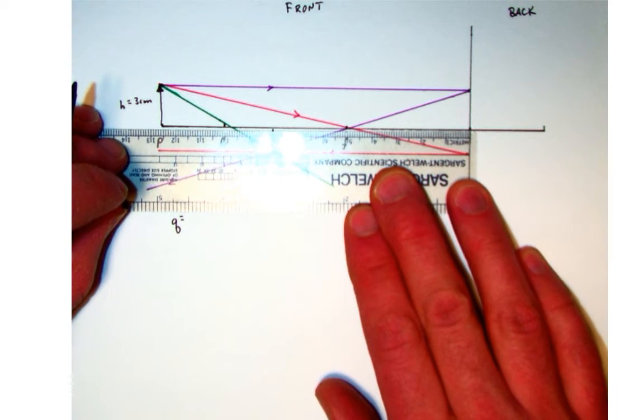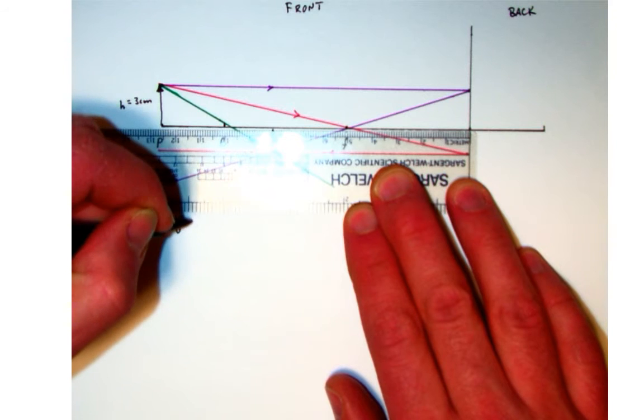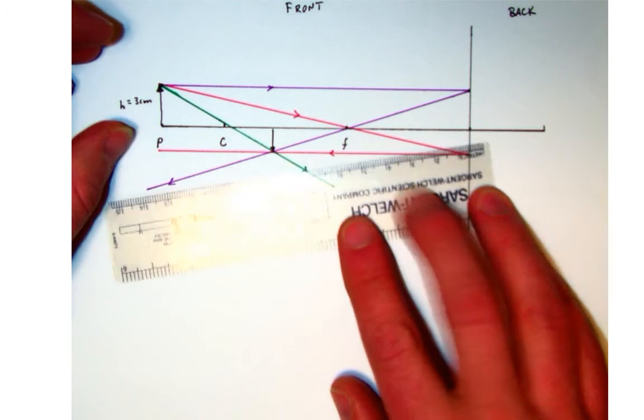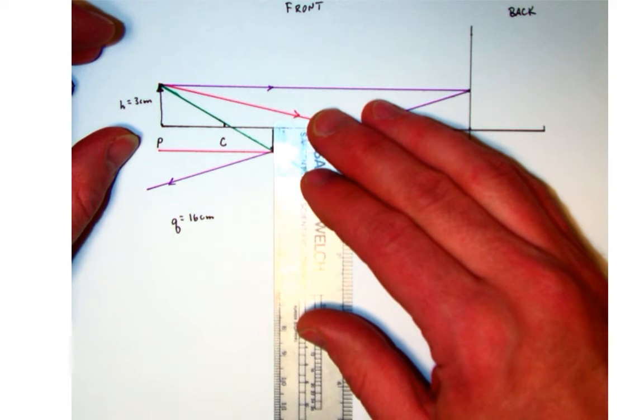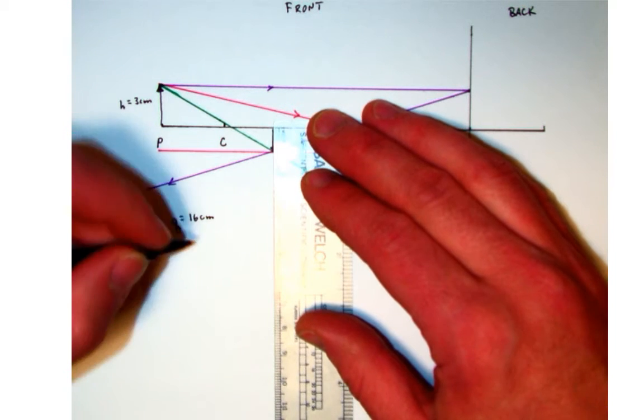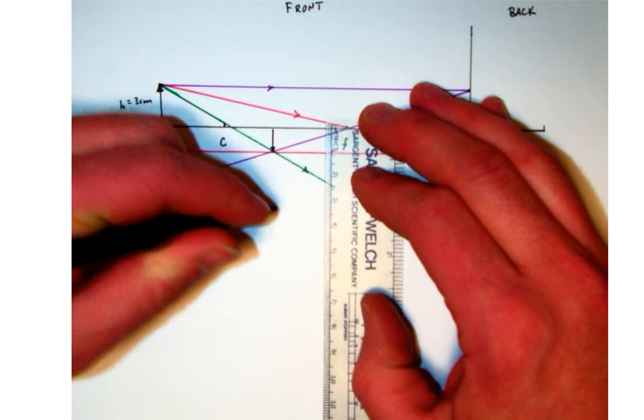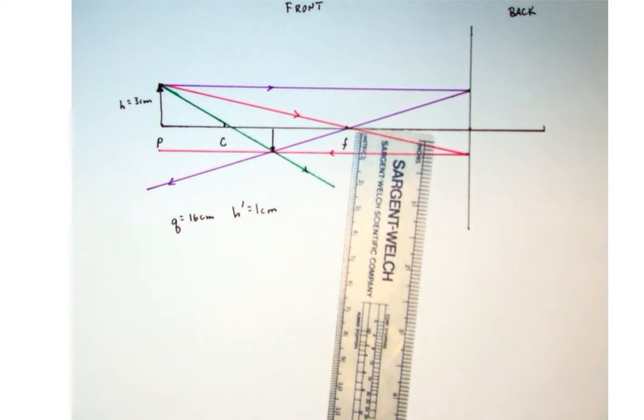But again, I cut everything in half, so that's really going to be 16 centimeters. And my image height is 1 centimeter. So h prime equals 1 centimeter. So this is all based on my drawing.